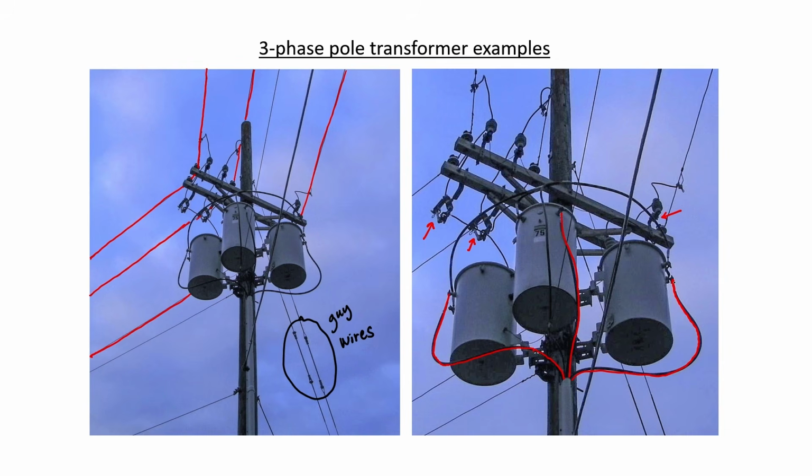There are three phases going out through the secondary, and we can very clearly see that the three neutrals are combined into a star configuration. The neutral line then here also goes down to the ground. It looks like in total we have 4 wires that go down through that conduit. Probably those 4 wires go underground and then serve a customer from there.